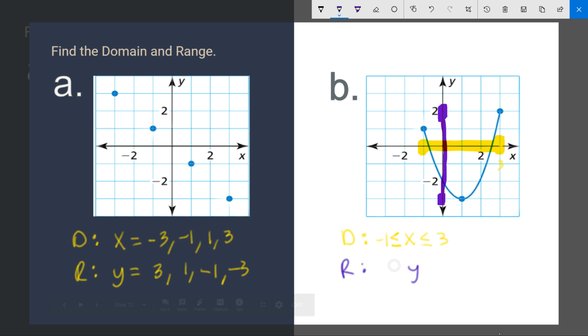So all of those y values are the y values where -3 is less than or equal to y, which is also less than or equal to +2. Okay, that's how you list all of the y values going from -3 up until +2.